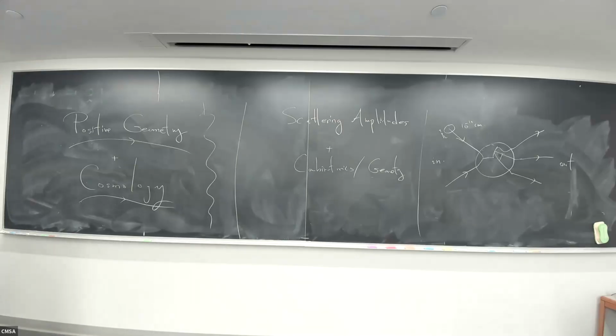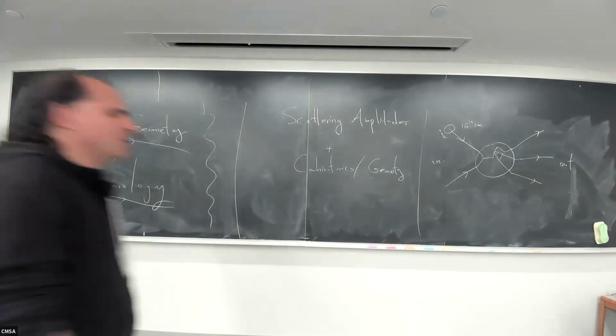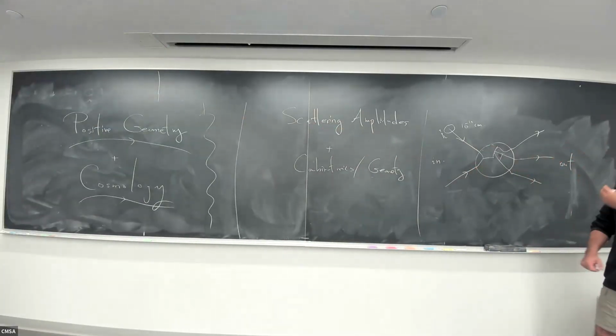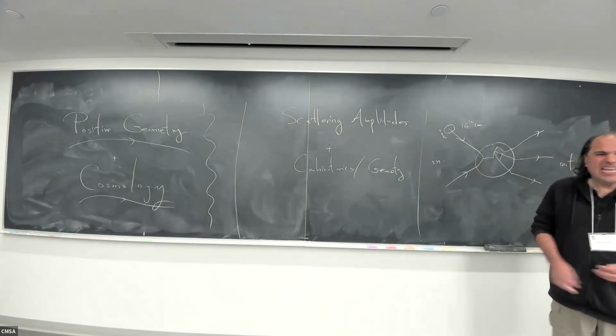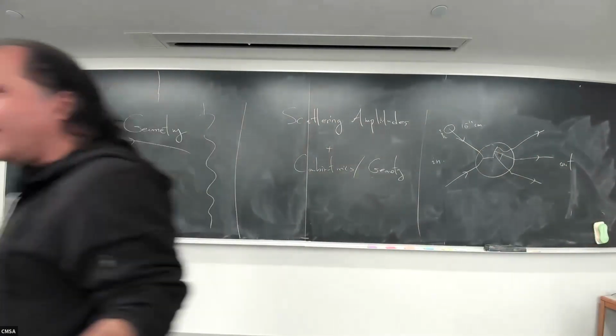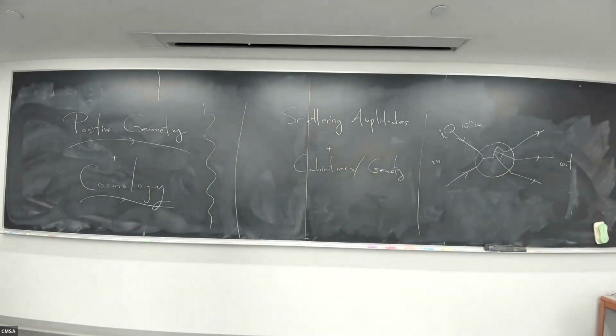It's these pictures that let us make 12 decimal place accuracy predictions for things like the magnetic moment of the electron and so on. This picture is not wrong, but the picture is clearly missing something. You see, the picture would make you think that if 2 particles come in and 3 go out, 2 particles in and 4 go out, the answer is complicated because there's lots and lots of diagrams. There's nothing you can do about it. Just qualitatively, it will make you think the answer is complicated.